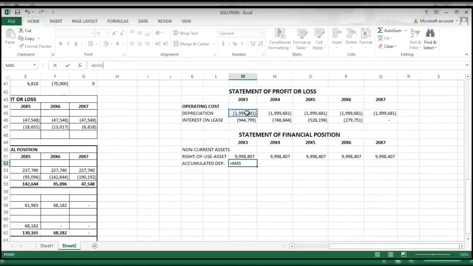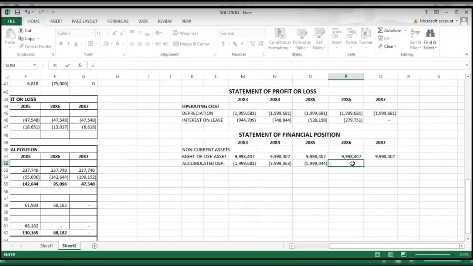Depreciation we charge every year, which increases as the year goes by. That is this plus this here and here equals this plus this plus this. Accumulated depreciation.